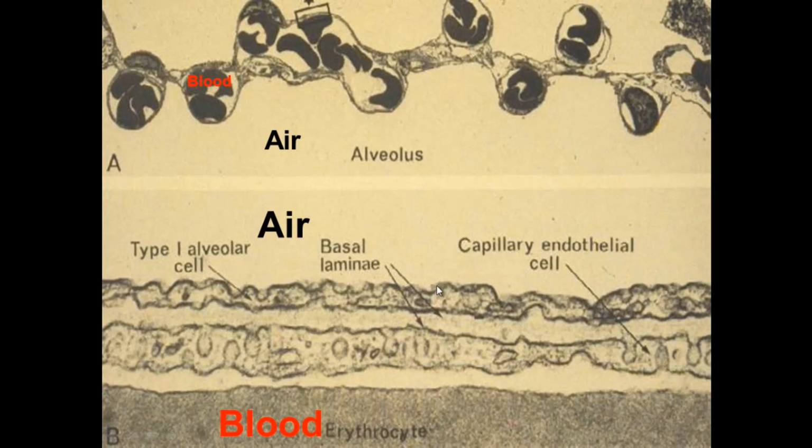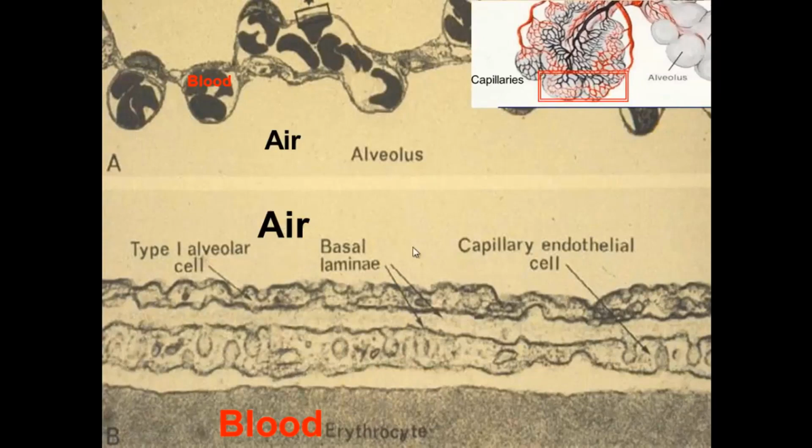There's a shared basal lamina, and these two cells and the lamina make up the three components of the air-blood barrier. You can see how thin it is. So what's in the air is going to be in your blood very soon because it's not very thick to penetrate through, and that's what we're seeing in the air spaces.